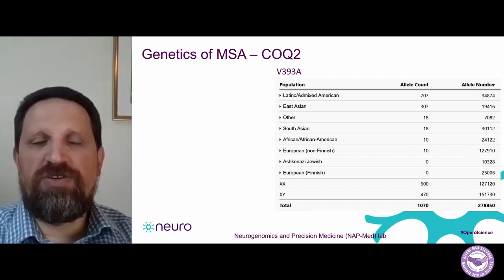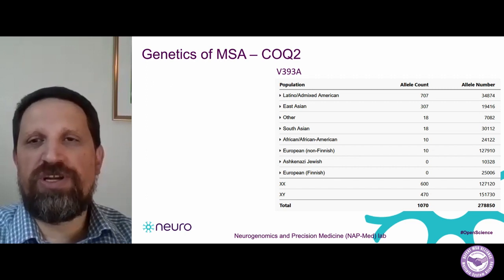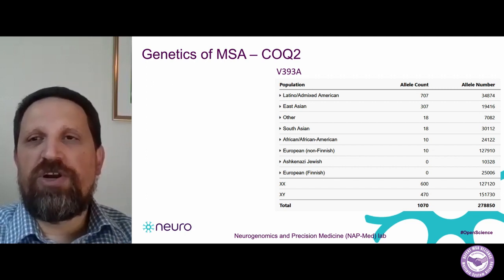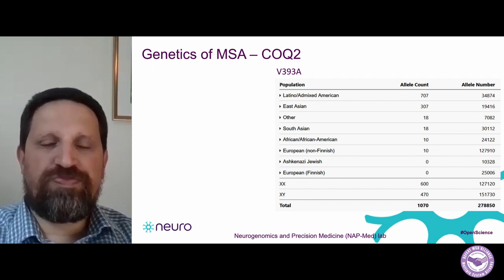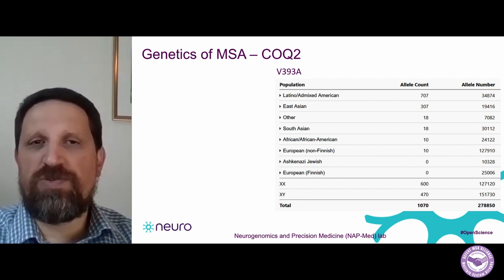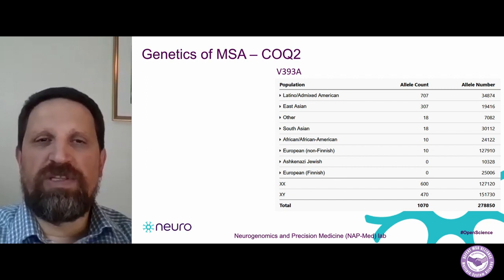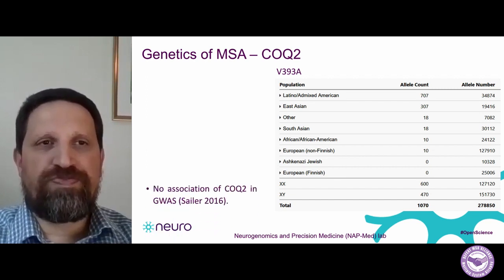And you can see here, for example, in the Latino population, this specific variant is actually more common than in the East Asian population, where the first study was done. It also exists, but it's quite rare, in other populations, South Asian, African, European, but it's a lot more rare.